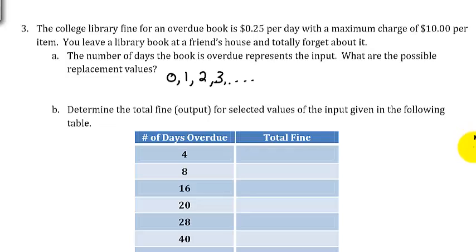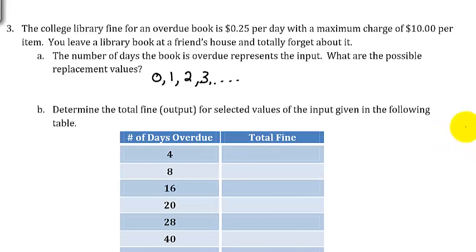Determine the total fine or the output for selected values of the input given in the following table. So if the book is 4 days overdue, we're going to be charged 25 cents each day until we get up to $10, and then that's the biggest fine we'll ever have for one particular book.